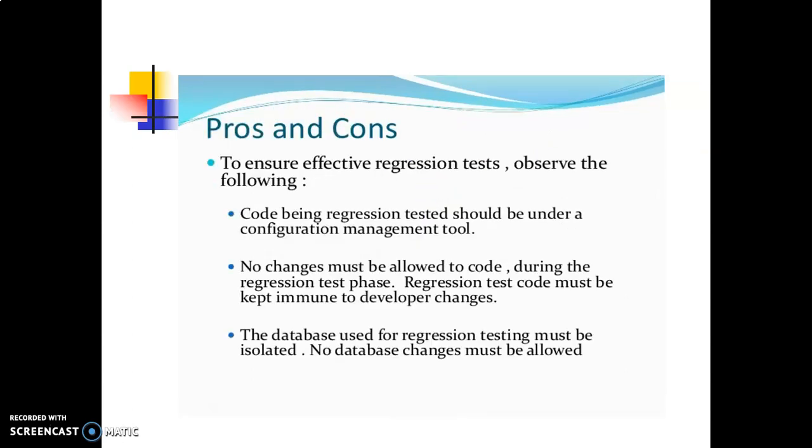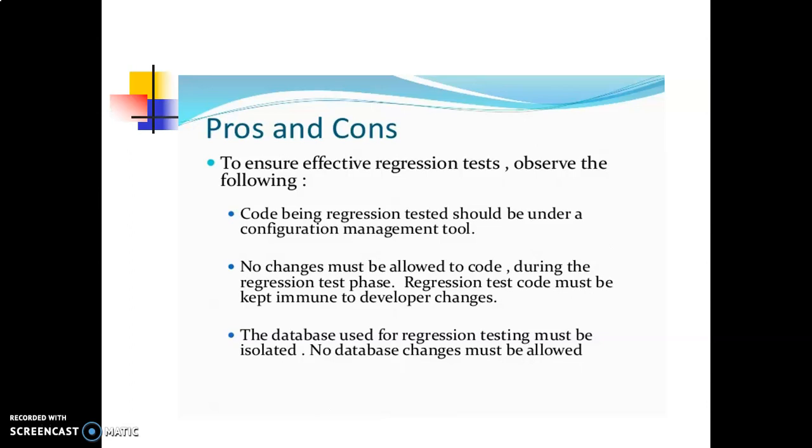These are some of the pros and cons of regression test selection. First, to ensure effective regression testing, these are the observations we have to go through. The code being regression tested should be under a configuration management tool, that is, an automation tool basically.